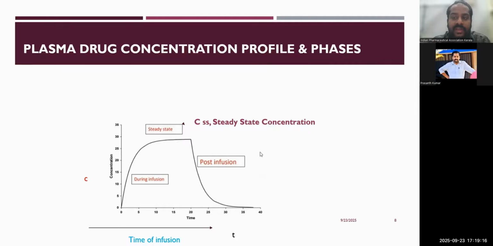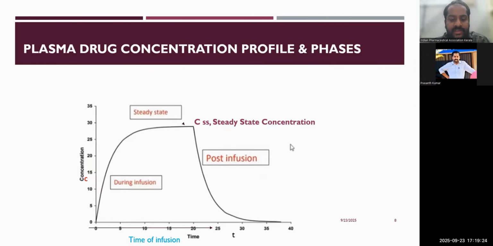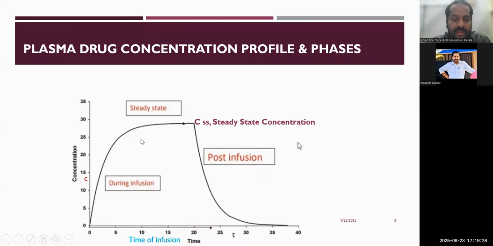Now we will see the plasma drug concentration profile and its phases following continuous IV infusion. As you can see in this picture, the graph is plotted between time and concentration on the y-axis, which is differentiated into 3 stages.